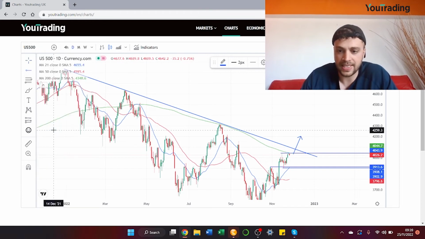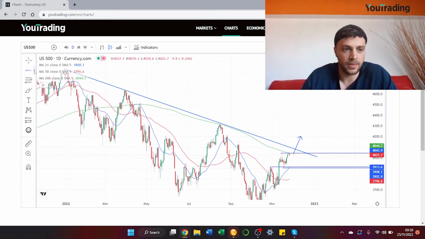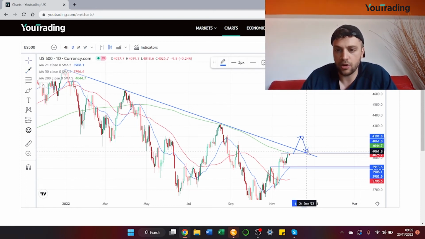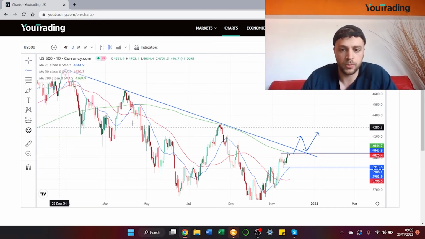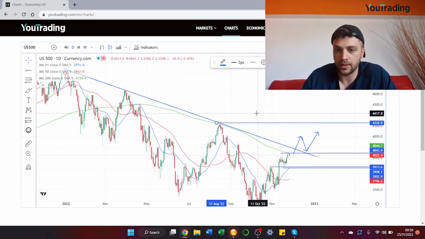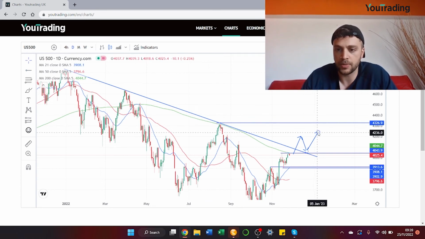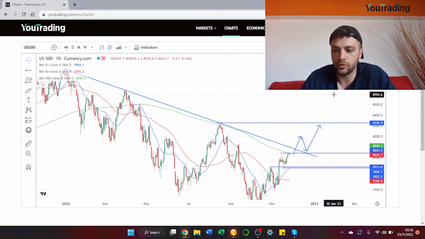And if we did get that break, and then confirmation with a retest and then another push higher, I would be looking at this 4,300 area as my potential target for sometime in December potentially. Remember, we do normally get a bit of a Santa rally.